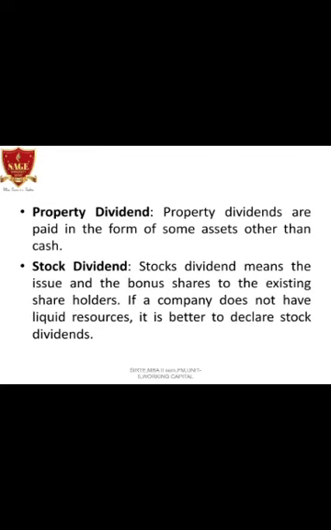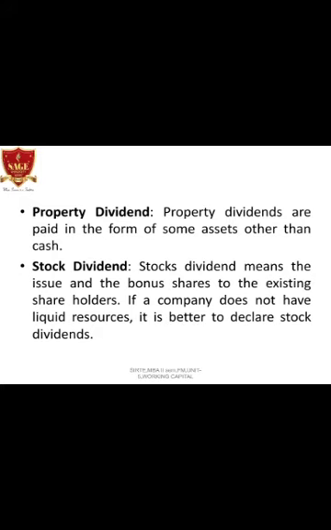Now, the last kind of dividend is stock dividend. Stock dividend means issuing bonus shares to the existing shareholders. If a company does not have liquid resources, it is better to declare stock dividend. Bonus shares are shares issued to the existing shareholders without any charges.